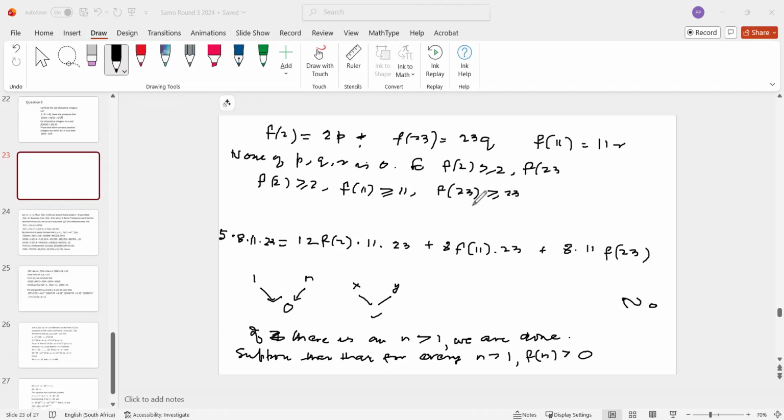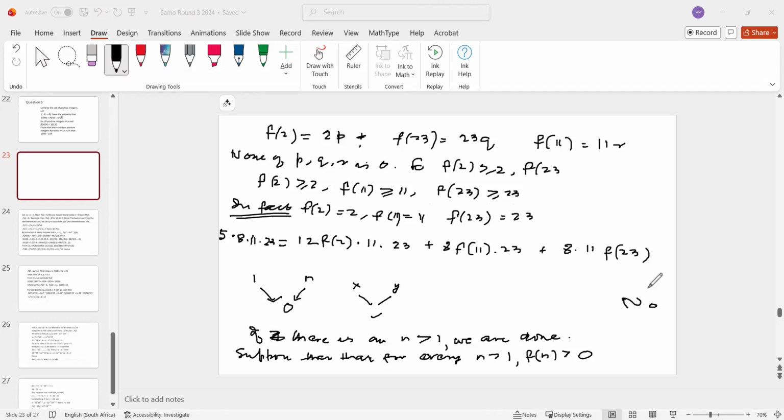Now, the beautiful thing about this is that, in fact, you actually have that f of 2 is exactly equal to 2, f of 11 is equal to 11, and f of 23 is equal to 23.